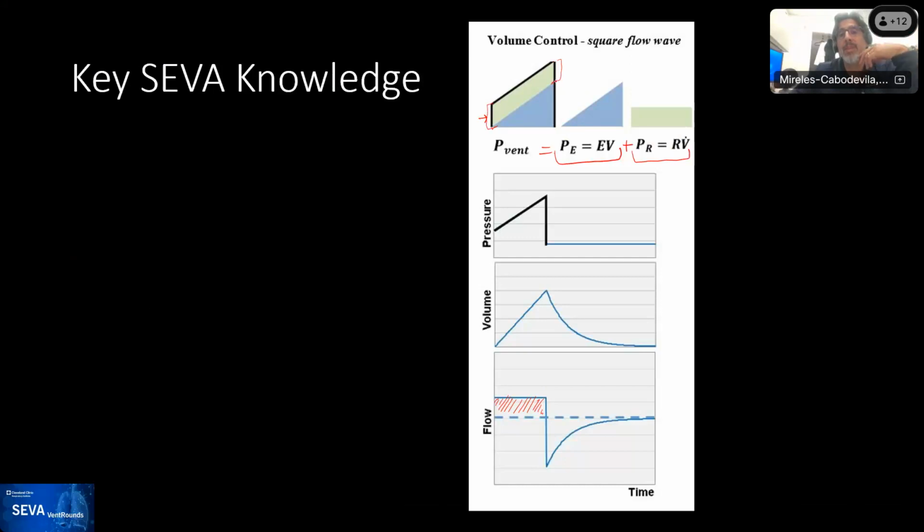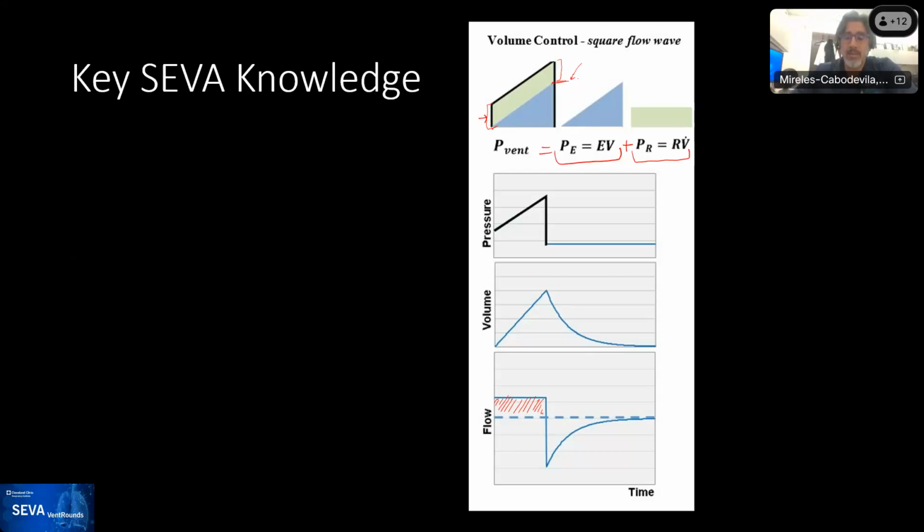If we do a plateau pause, or a pause at the end of an inspiratory hold, and you eliminate all the flow by doing that hold, then the load that you have left is the elastic load. And so the difference between peak and plateau and the initial step up should be the same.